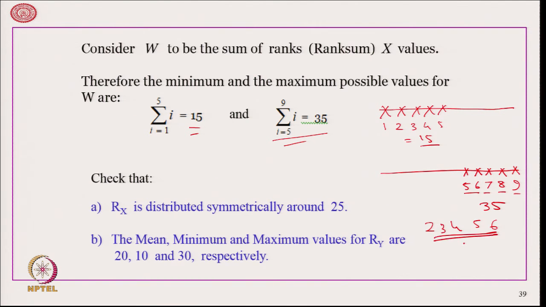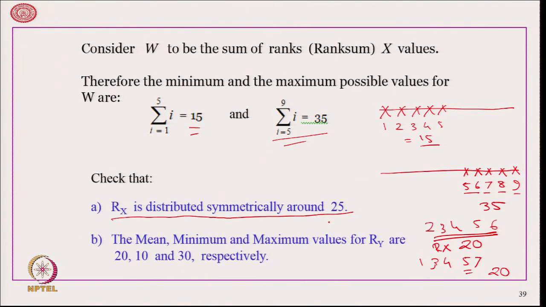So, that will give us the value of R x is equal to 20, but we can also get it in the form say 1, 3, 4, 5, 7. That will also give us the value 20. Therefore, as we look at the values of the statistic R x, we shall find that it can take values between 15 to 35 with different probabilities. I want you to check that R x is distributed symmetrically around the value 25.